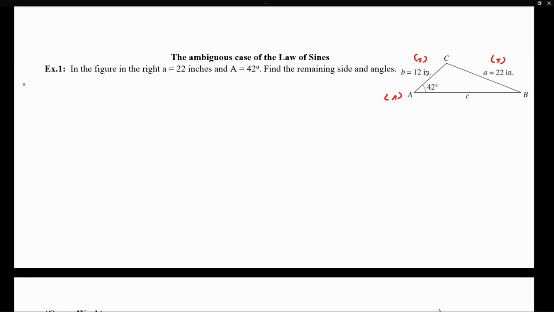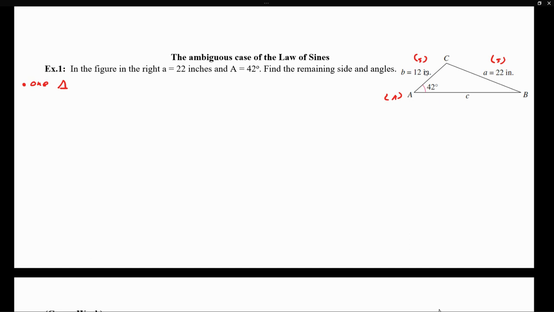So we don't have to think about how to create a second triangle. We just have to work with this triangle only.